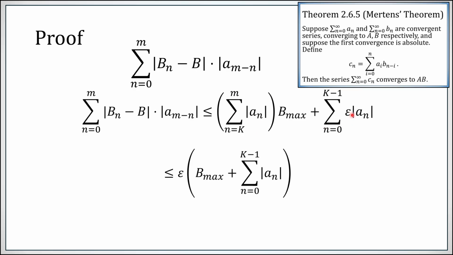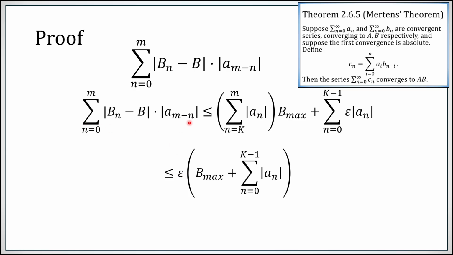I can factor this epsilon out and be left with just this sum of the absolute value of a_n's, but also this is a piece of a tail from our absolutely convergent series, which I also assumed was less than epsilon for sufficiently large indices. Factor that out.